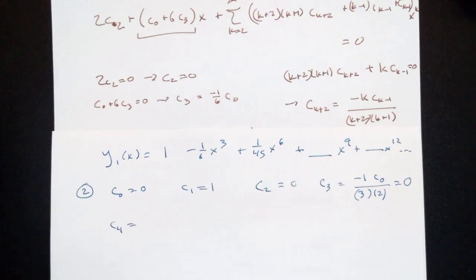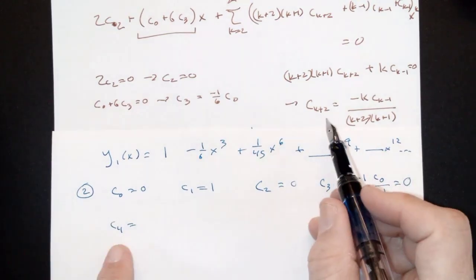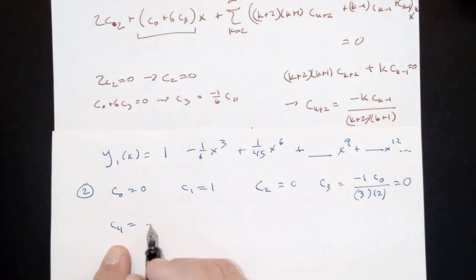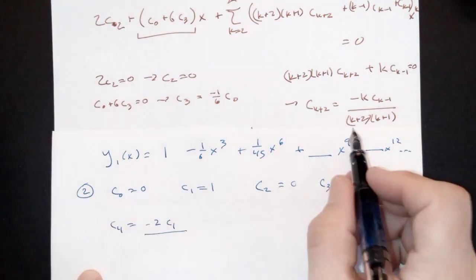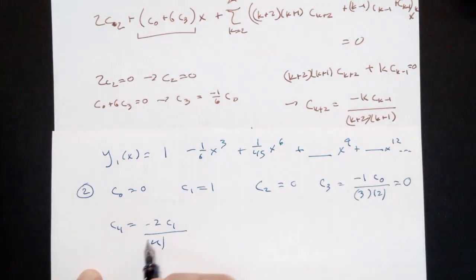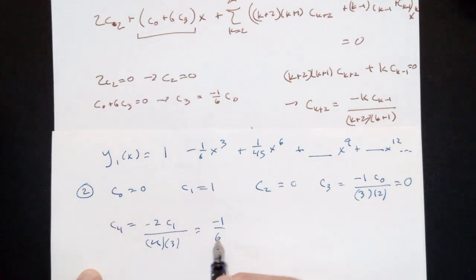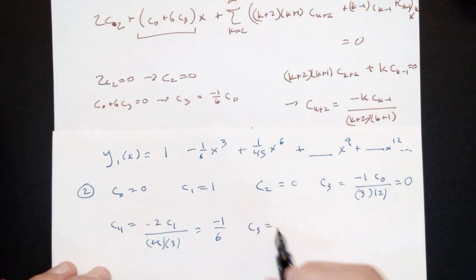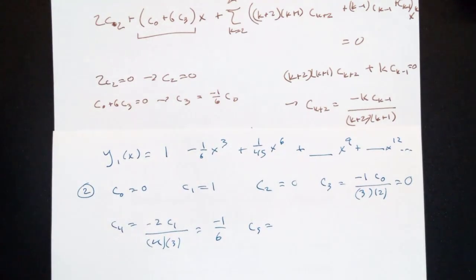C4 is going to give me, if this subscript is 4, then k is 2. -2 C1 over 2 plus 2 is 4, 2 plus 1 is 3. That's -1/6 times C1, but C1 is 1. C5. Okay, wait a minute.